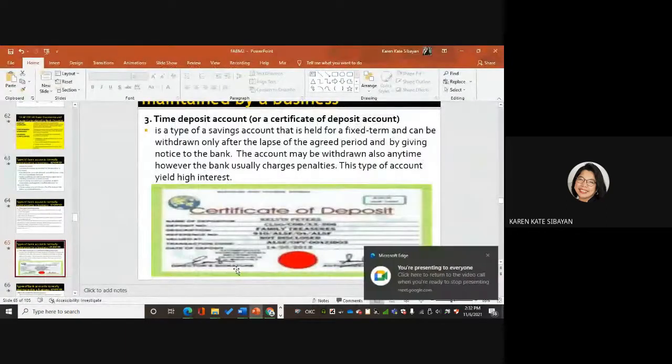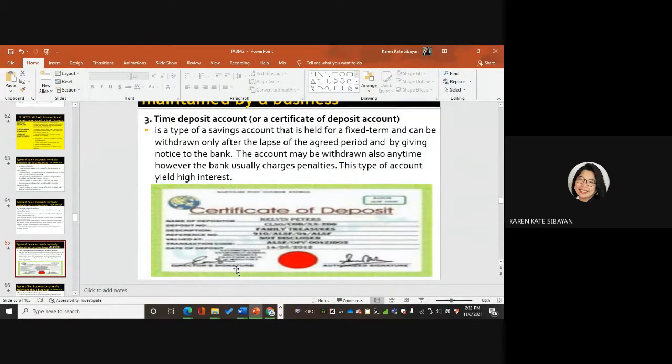So, time deposit account or a certificate of deposit account is a type of a savings account. But compared to the savings account, class, the interest is much higher. Why? Because it is held for a fixed term and can be withdrawn only after the lapse of the agreed period and by giving notice to the bank.